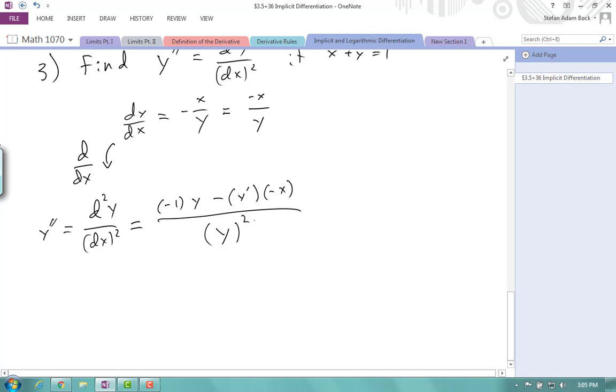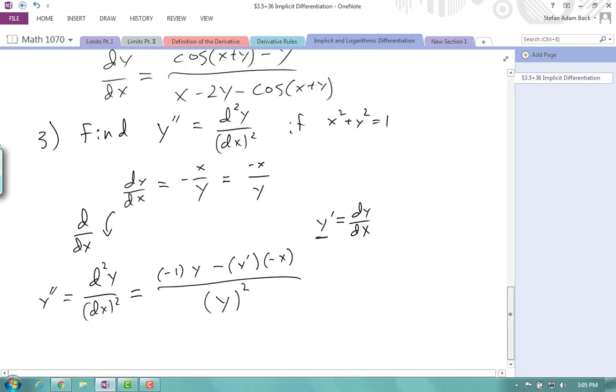You notice this time I wrote a y prime instead of a dy dx. And that's because I'm allowed to use y prime equal to dy over dx. Both of them are acceptable notations when doing these problems. I tend to avoid the y prime notation if I'm in a rush because I'm more likely to make a mistake in my work if I forget to write a y prime, for example.